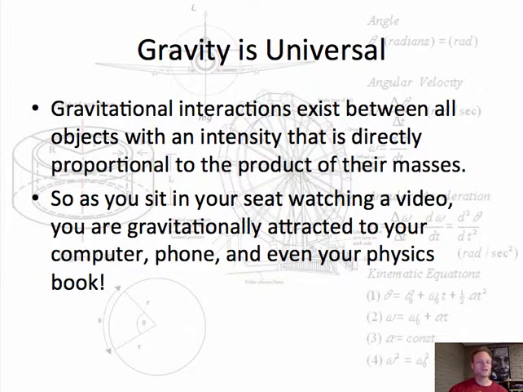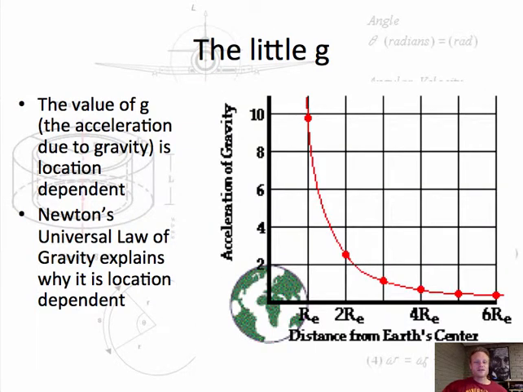As I mentioned earlier in the video, as you sit in your seat watching this video, you are gravitationally attracted to the computer that you're watching this on, or your phone, and even if your physics book is in the near vicinity, you're attracted to that. As hard as that may be to believe, in terms of gravitational attraction, it does exist. You are actually attracted to your physics book. So it's universal. It's everywhere basically. This is kind of a cool graph.